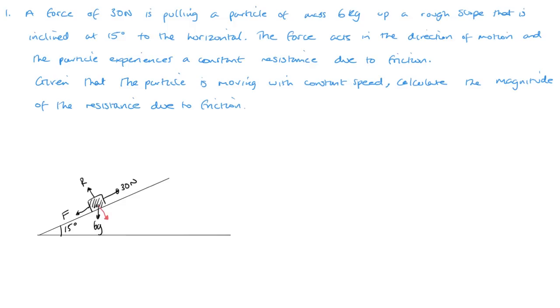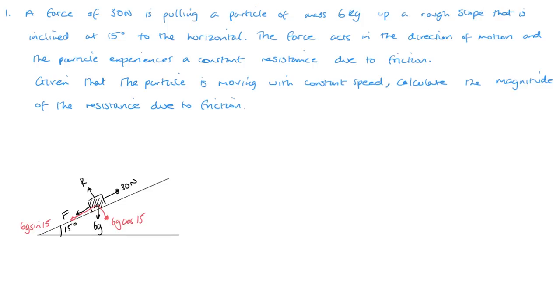What I do have to resolve is this weight, which I'll do in red here. So this is 6g cos 15 and 6g sine 15 going down the slope. Okay, so there's my forces all on my diagram now.